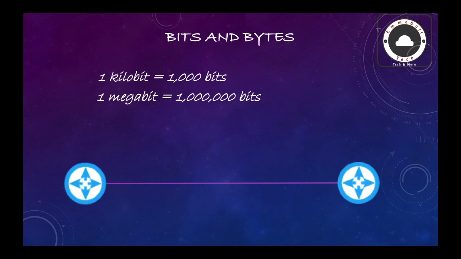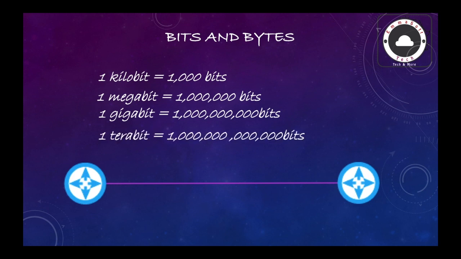Then you also find megabit, where 1 megabit is 1 million bits. Then we have 1 gigabit, which is 1 billion bits, and 1 terabit, which is 1 trillion bits.